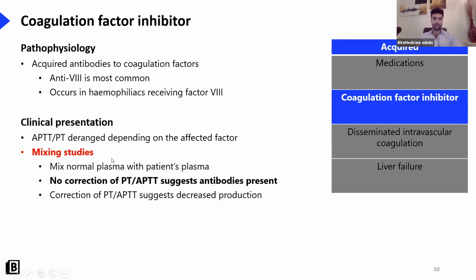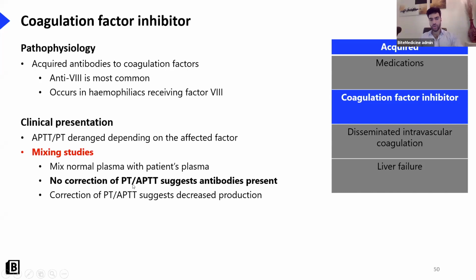And mixing studies is how you diagnose coagulation factor inhibitors. So what you do is you get some normal plasma from a donor, which contains all of the normal clotting factors, and you mix it with the patient's plasma.